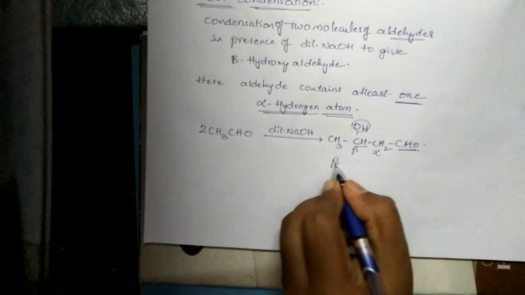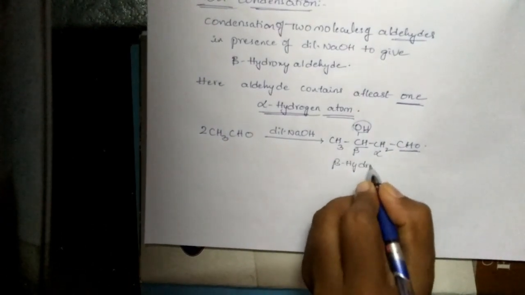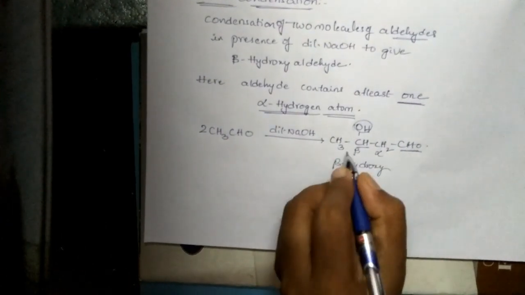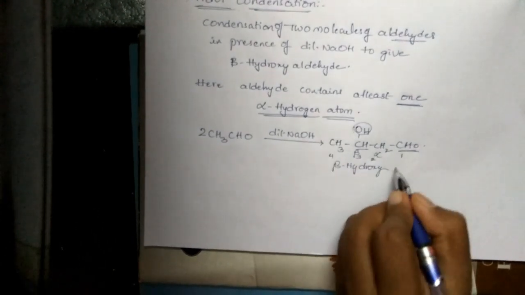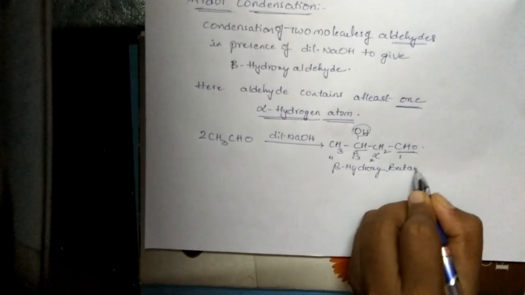Here the functional group is CHO, that is alpha beta. Beta hydroxy, hydroxy means OH. Beta hydroxybutanol, butanol means 1, 2, 3, 4, so 4 carbons. So the compound name is beta hydroxybutanol.